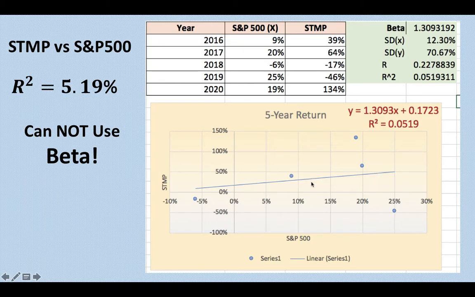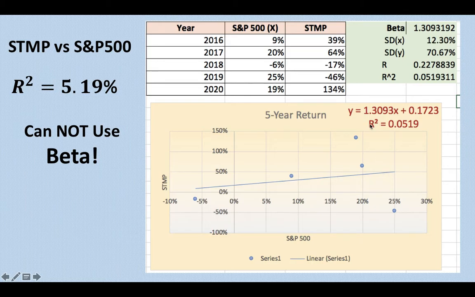This line does not really predict their relationship. They do not have much of a relationship going on here. That's why the R squared is very, very low, meaning these two variables are basically not correlated in a linear way.